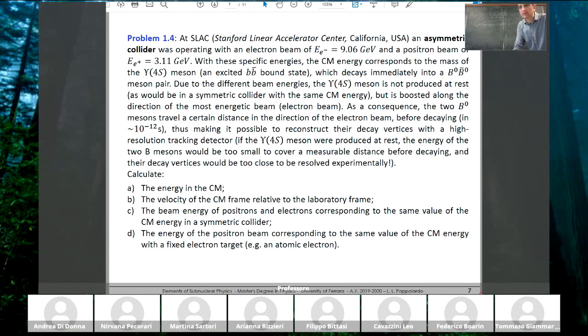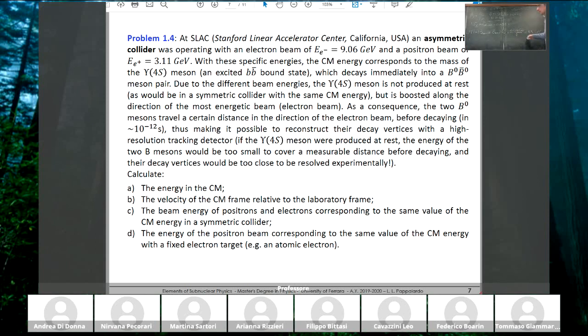Now, the next question is the energy of positrons and electrons corresponding to the same value as their mass, but now in a symmetric collider. So we know the formula, square root of s. For a symmetric collider, s is twice the beam energy, and so the beam energy is square root of s divided by 2, that is 10.58 GeV divided by 2, that is 5.3 GeV.